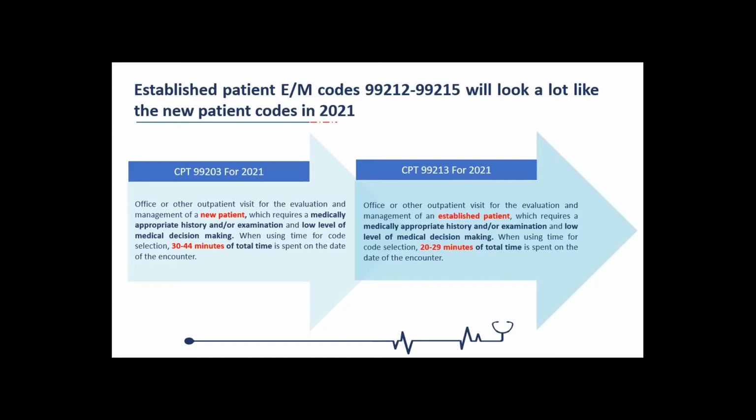Earlier in 2020, the description of the new patient code was very different from the description of the established patient codes. But now the code descriptions for new and established patients will be very similar, except for one referring to a new patient and the other to an established patient.